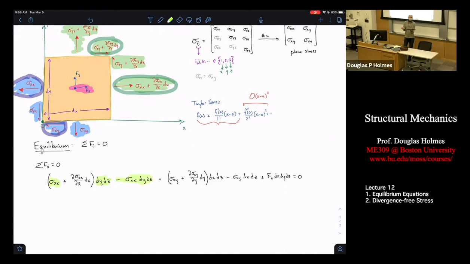They cancel each other out. Great. This quantity, which multiplies this, is the opposite of this quantity. So they cancel each other out.